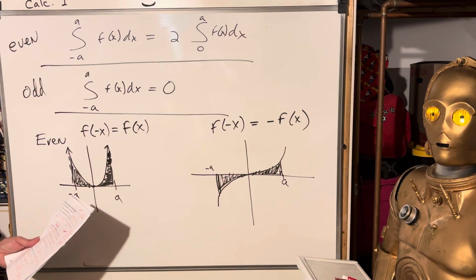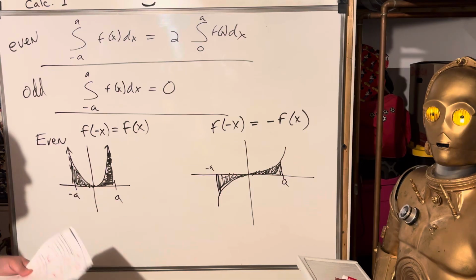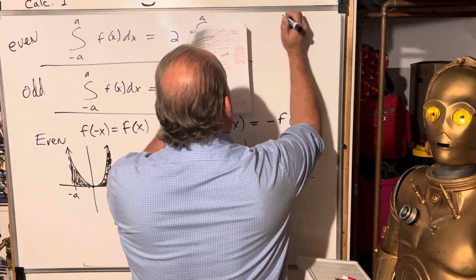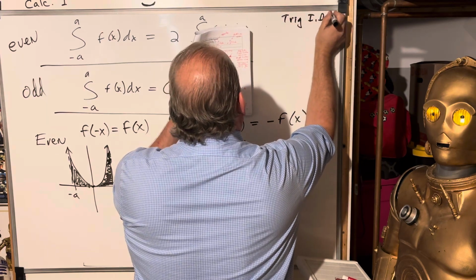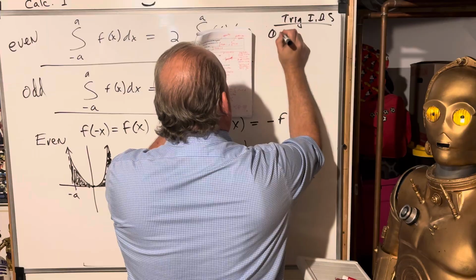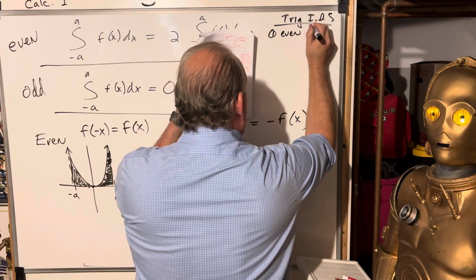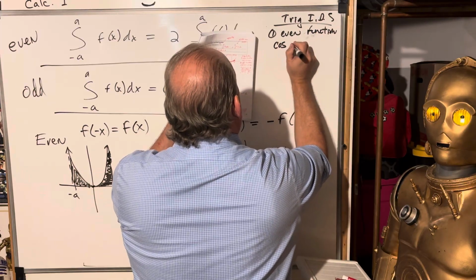So trig identities, even and odd, right, with sines and cosines. So here, just really quick, you could jot this down by the little picture. Trig IDs. An even function. An example of an even function that's trig is the cosine.